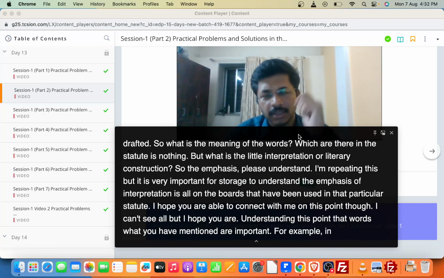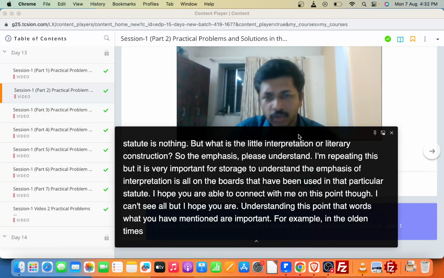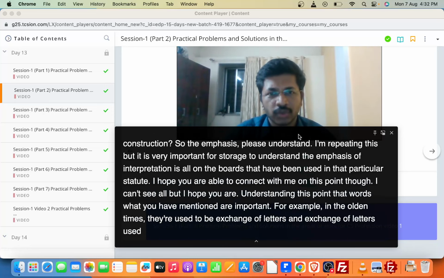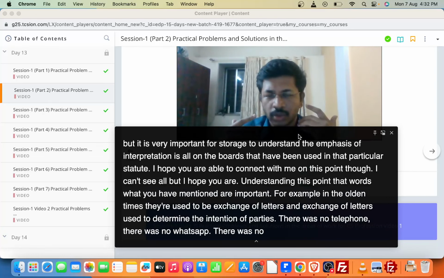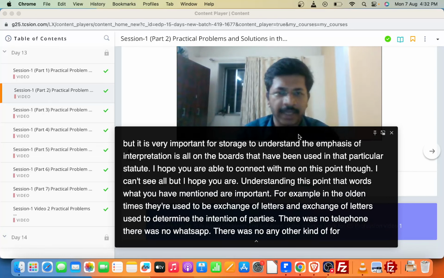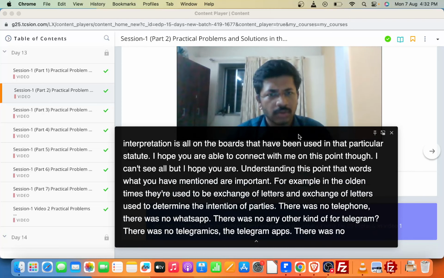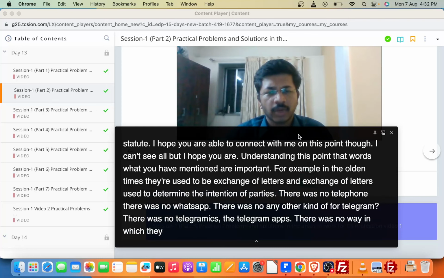For example, in the olden times, there used to be exchange of letters, and exchange of letters used to determine the intention of parties. There was no telephone, there was no WhatsApp, there was no any other kind of telegram. There was no telegram means the telegram app. There was no way in which they could communicate. So letters was the only thing.